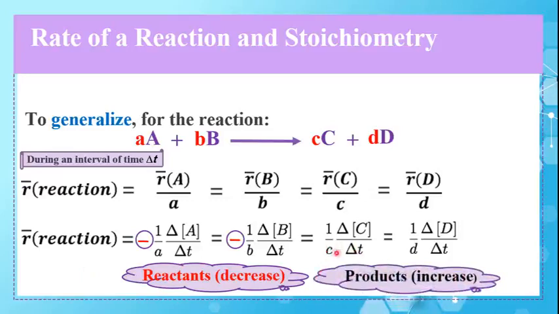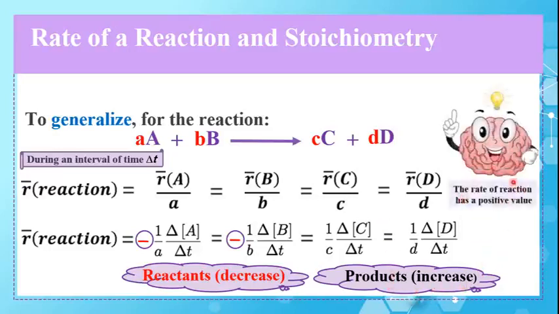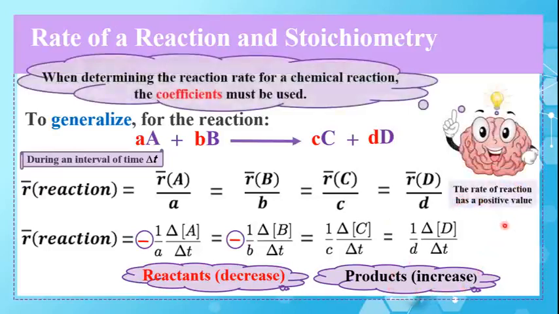This is not a problem for the product, since the variation of the concentration of the product increases with time. So always remember that the rate of a reaction has a positive value, and when we determine the average rate of a reaction, we must use the stoichiometric coefficients of the reactants and the products.